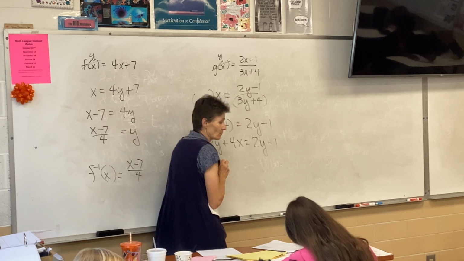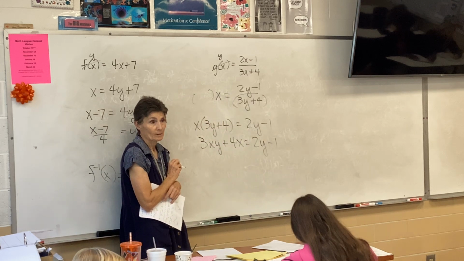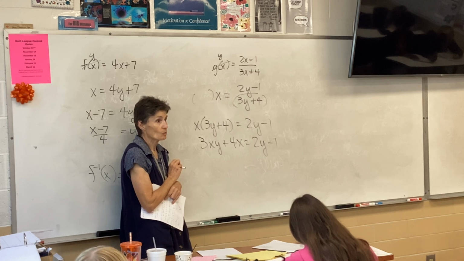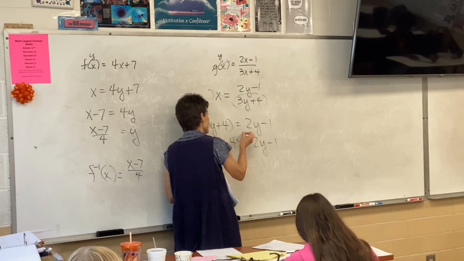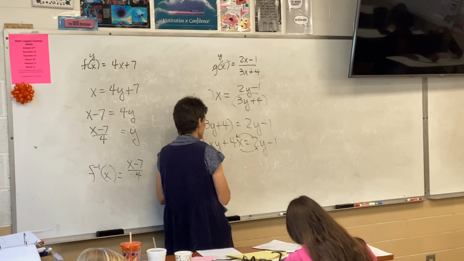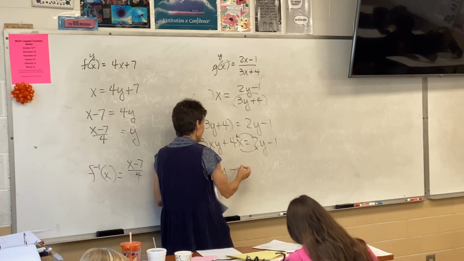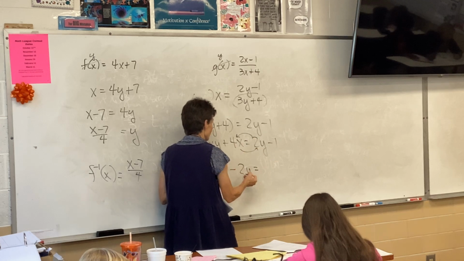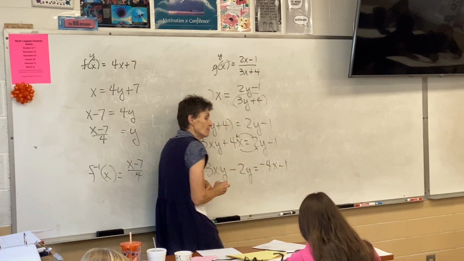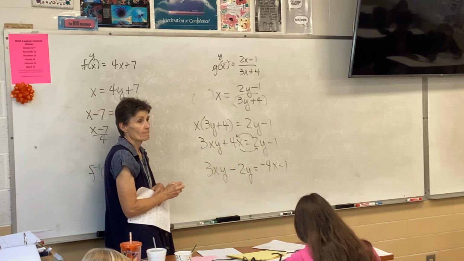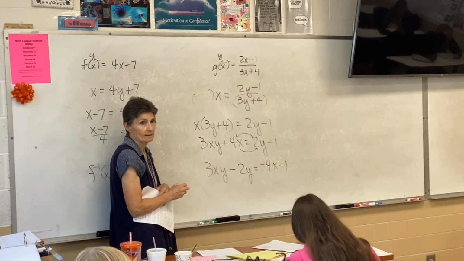Now remember, the reason this is an issue is because we have 2 y's. So we're going to get those y's on the same side of the equation. So these two are going to change places. So 3xy minus 2y equals negative 4x minus 1. Now we still have 2 y's left.